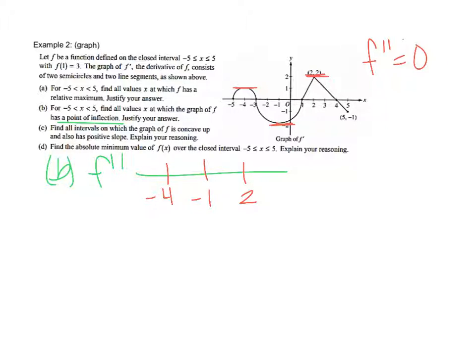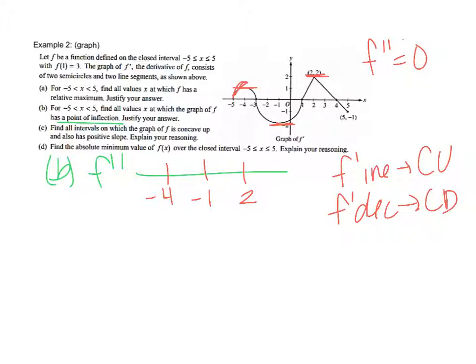Now that I have those points, let's see, when is it concave up, when is it concave down? Well, it depends on where f prime is increasing and decreasing. If f prime is increasing, that means it's concave up. If f prime is decreasing, that means it's concave down. So before -4, we have an increasing function, so we're going to have concave up, CU.